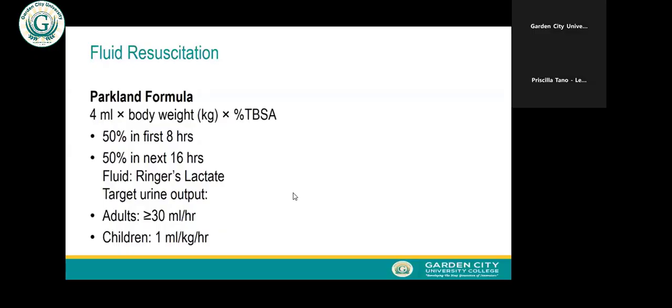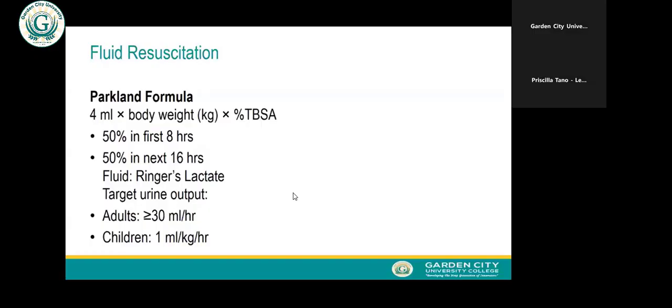We've talked about them having low cardiac output and low urine output and all that, and so we want to help them with fluid resuscitation, right? And so the first 8 hours is the 50%, and the next 50% is what? The next 16 hours. That is for Ringer's lactate. We want to target their urine output.